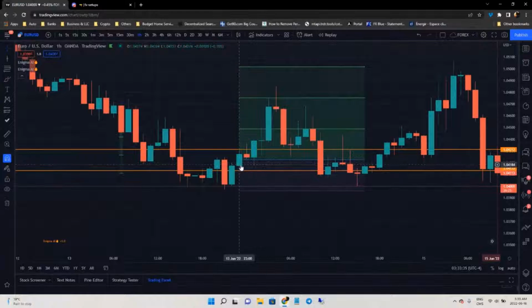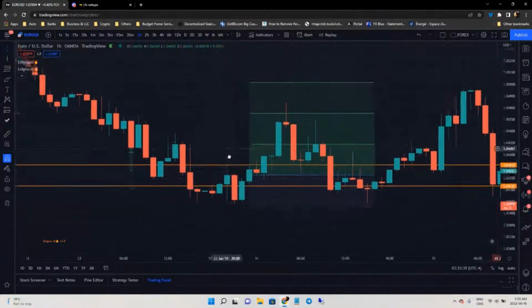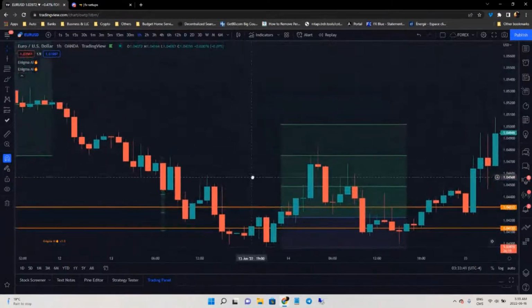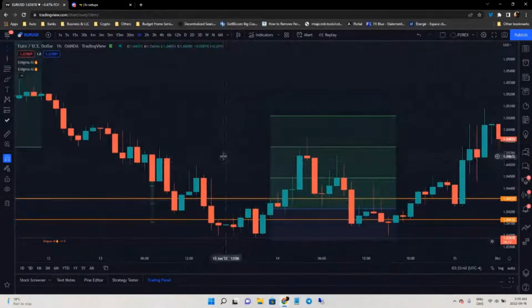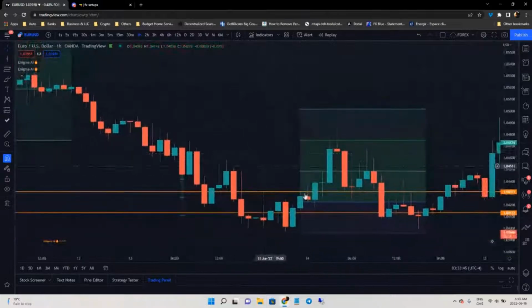No, that was 2 days ago, sorry about that. So that was a buy setup, and we're going to look at the higher time frame to see exactly if it makes sense to take it.